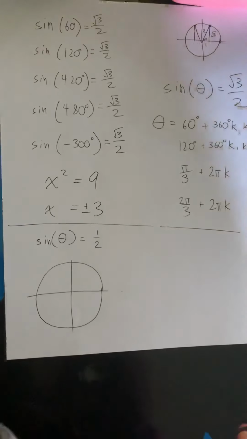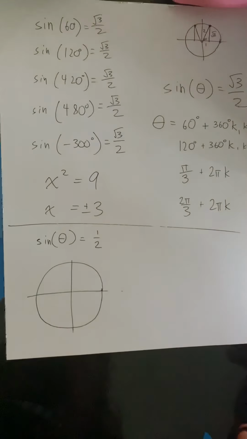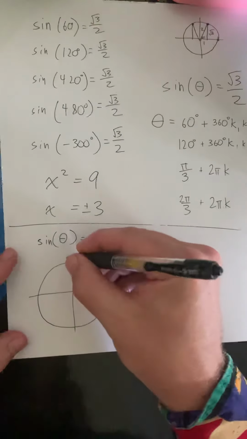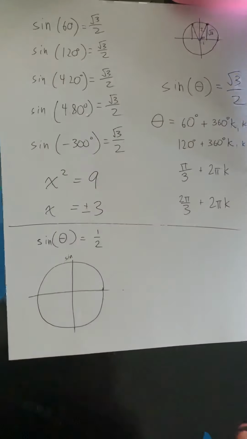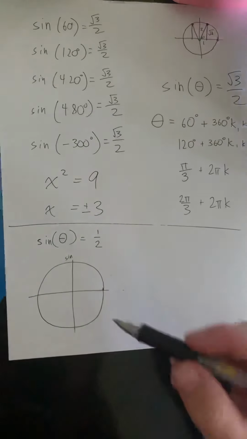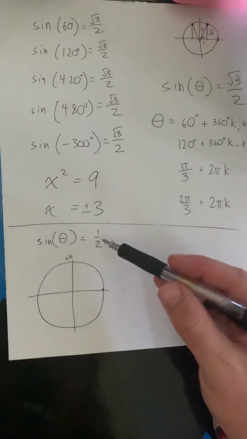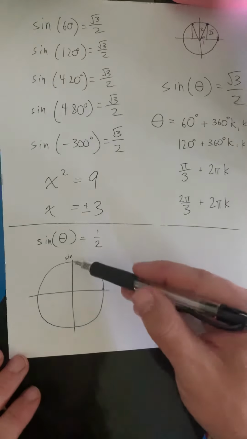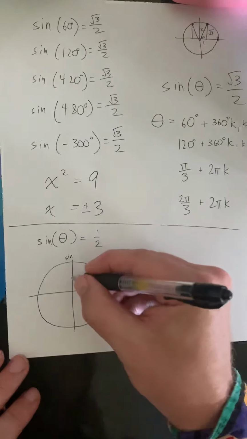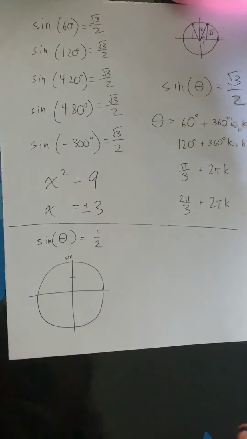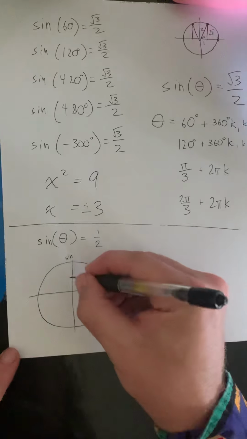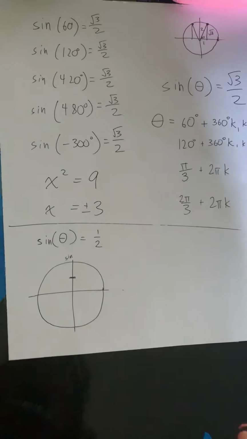Is sine the y-axis or the x-axis? Correct. It's the y-axis. So can you look on this axis and can you estimate when the value is around 1/2? If this is 0 and this is 1, you mean just kind of like in the middle? Yeah, that's it, in the middle.